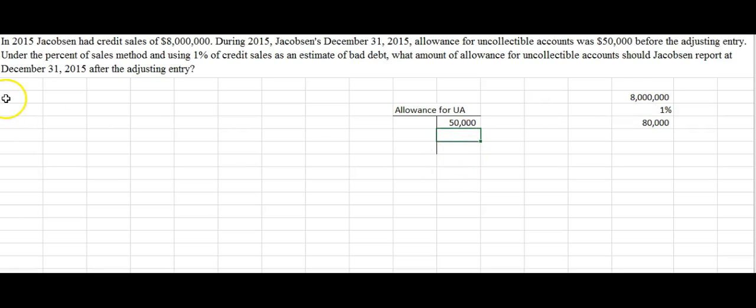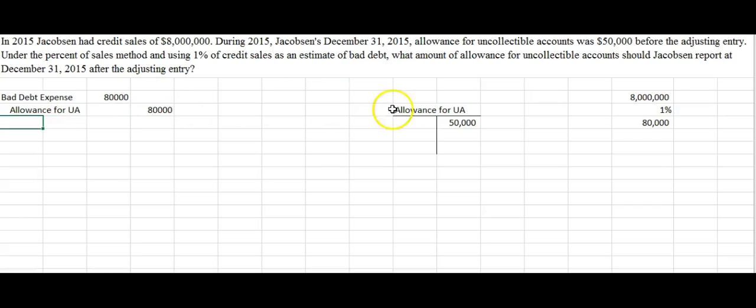How do I add that? Well, my bad debt expense is going to be $80,000. Okay, I do that with a debit. And my allowance for uncollectible accounts, I'll just add that there.